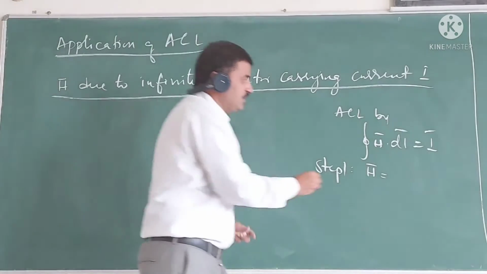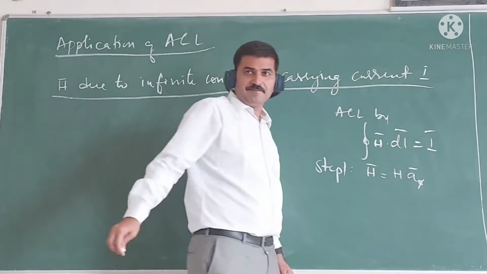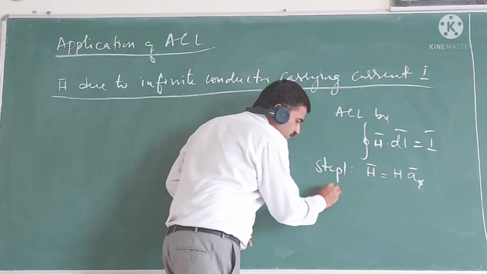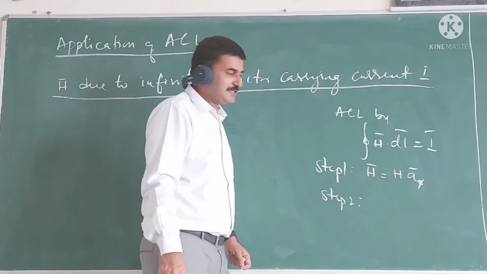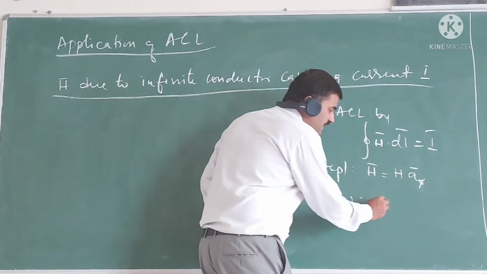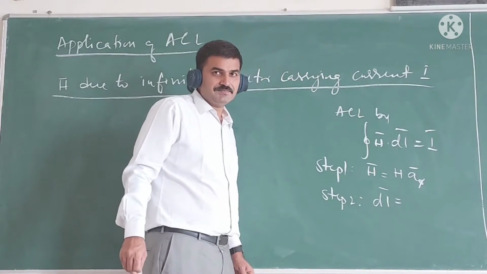So I define H as H a phi. Then step 2 is you need to find dL bar.